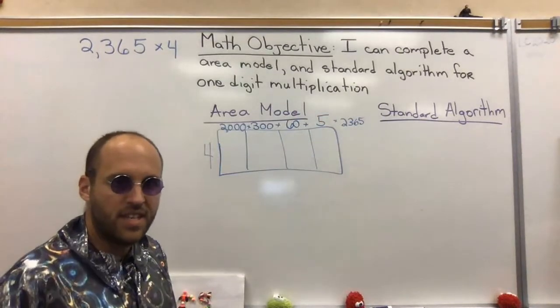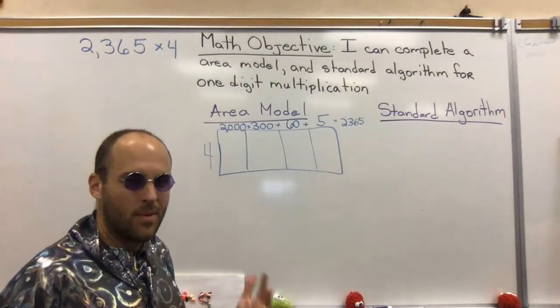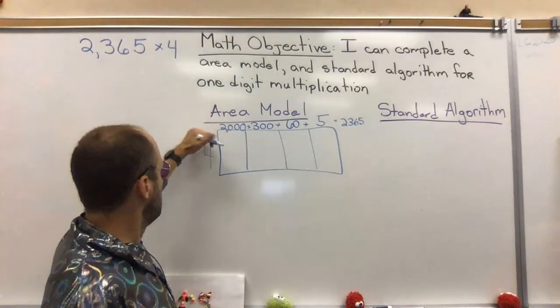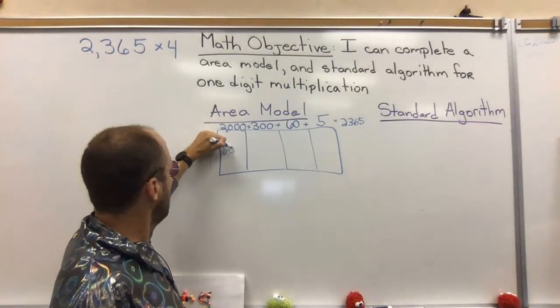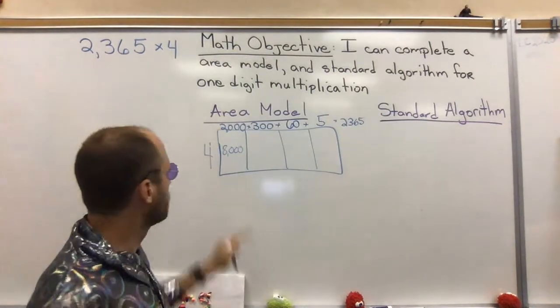If it doesn't, then something happened when you were doing the place value, or maybe when you were adding the numbers up. So 4 times 2 is 8, and then we have 3 zeros at the end, so we have 8,000 there. 4 times 2,000 is 8,000.